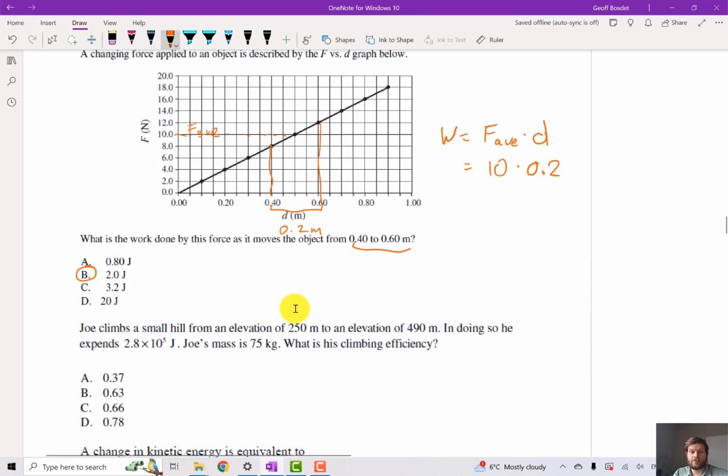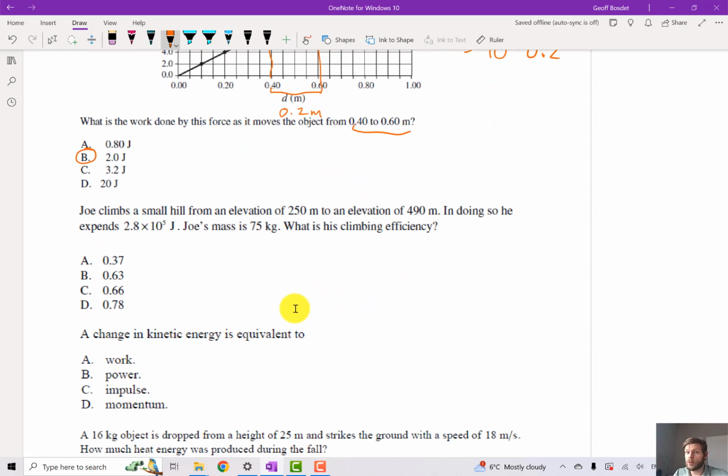Next guy. We want to do efficiency. So I see no power here, no time. I'm going to do the efficiency formula, which is equal to what you accomplish, your work output, divided by what you put in. Now, what we put in is what he expended, this many calories.